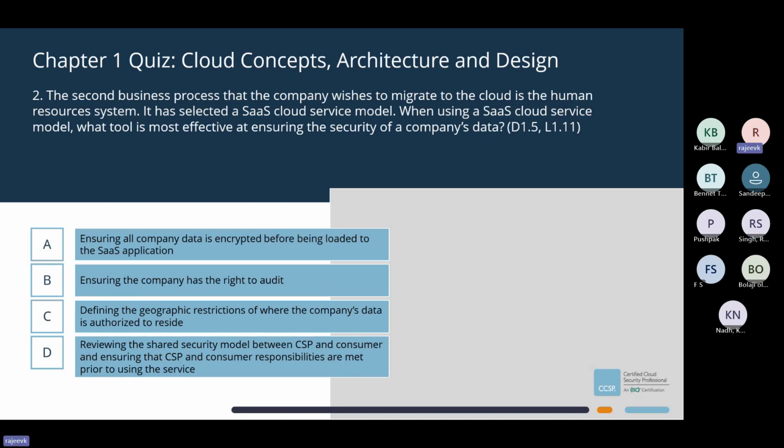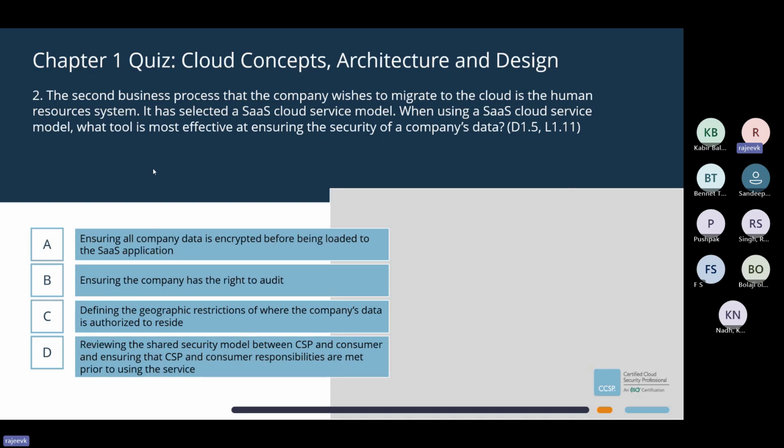Okay, see, understand the question here. So we are trying to migrate to the cloud for human resource. We selected a SaaS cloud service model. What tool is most effective? Now this question is a little bit off the link, and the question is also not clear because it is asking for a tool.